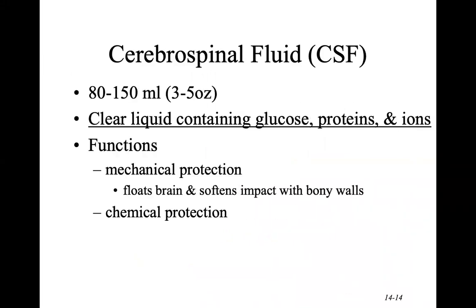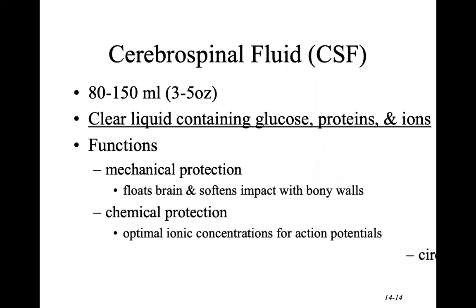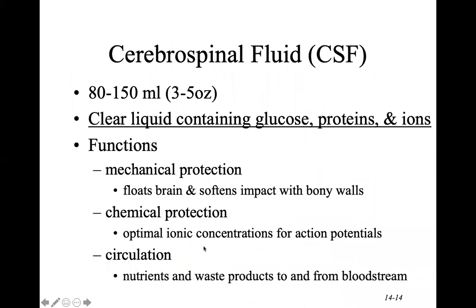We have about 3 to 5 ounces of it, or 80 to 150 milliliters. It's this clear liquid that has glucose, proteins, ions, and as the slide before mentioned, it serves mechanical protection, chemical protection, and it has circulatory benefits because it brings nutrients to the brain and clears out waste products from it.